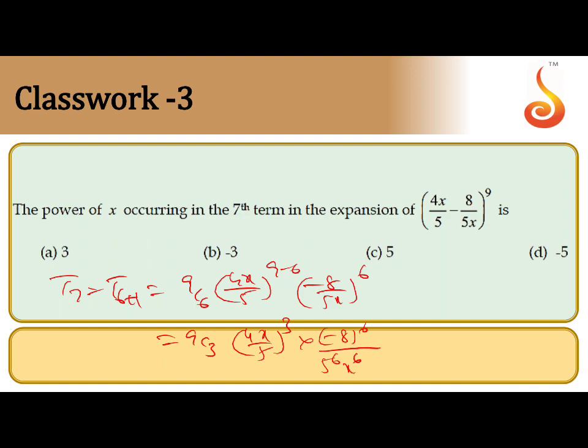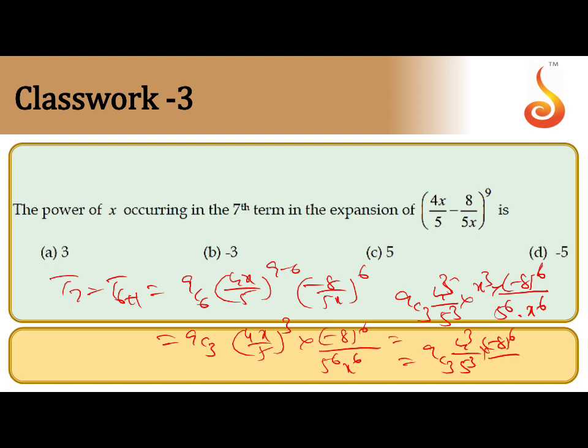Here there is no need to simplify this one. We want only the power of x they are asking. So that means this is 9C3 into 4 cube by 5 cube into x cube into minus 8 power 6 by 5 power 6 into x power 6. If you take x power 6 to the numerator, it becomes minus 6. 3 minus 6 is minus 3.